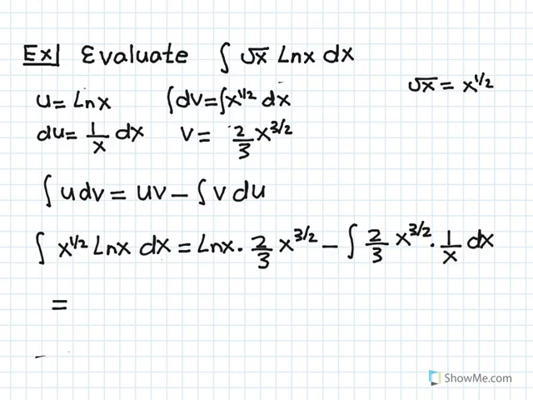All right, let's simplify this. We get 2/3 x to the 3/2 log x minus, bring the 2/3 out, and x to the 3/2 over x to the 1, we can subtract off the exponents, and we get the integral of x to the (3/2 minus 2/2), that is 1/2, dx.